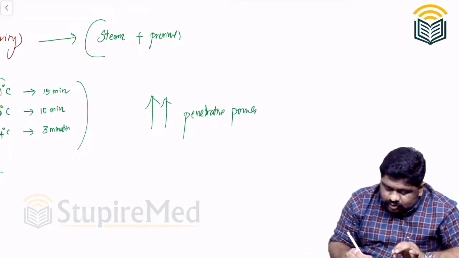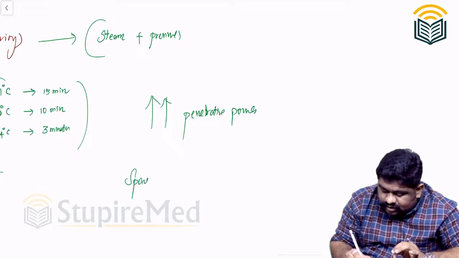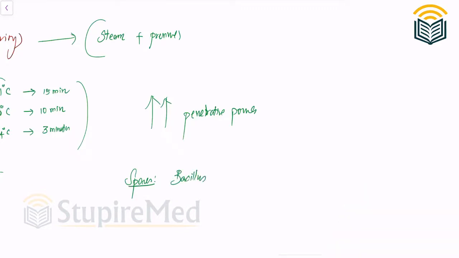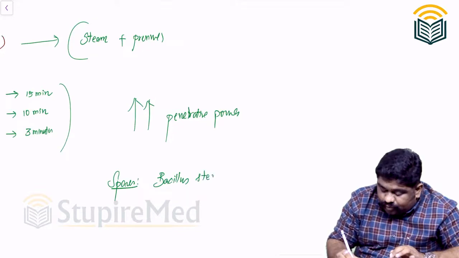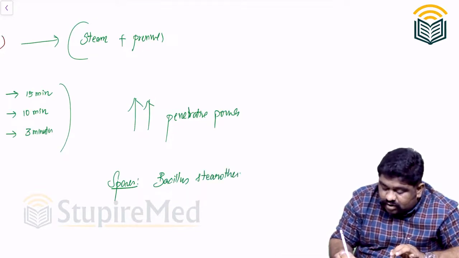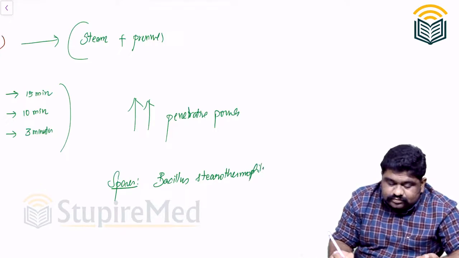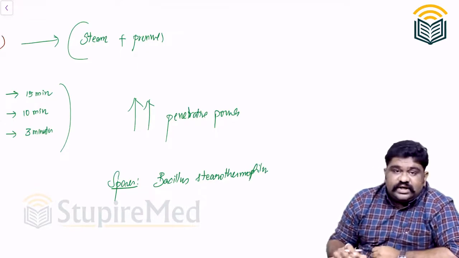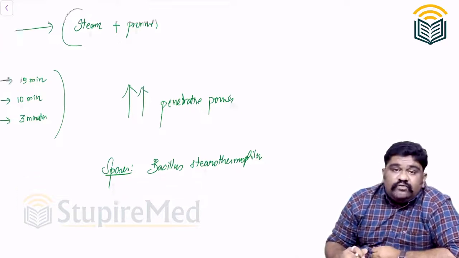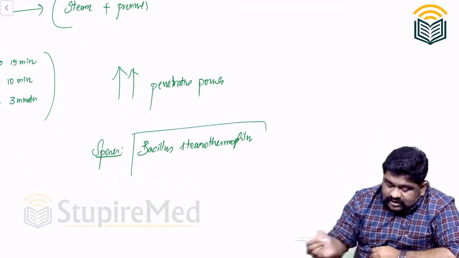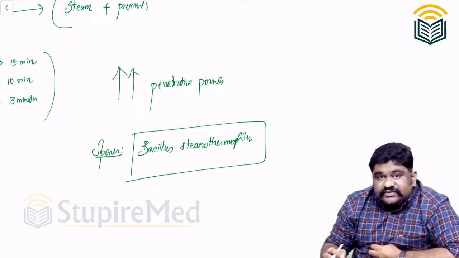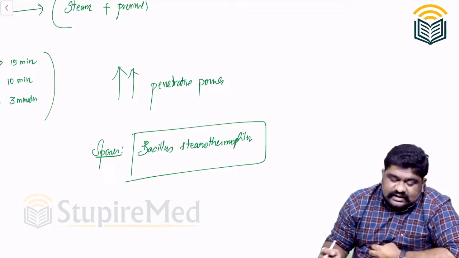And the control you are using would be the spores of Bacillus, or some people say Geobacillus stearothermophilus. I hope you will be able to remember this for your exams. So once again, let's repeat. In case of autoclaving, the marker will be Geobacillus stearothermophilus. In case of dry heat or in case of ethylene oxide, it can be Bacillus subtilis.